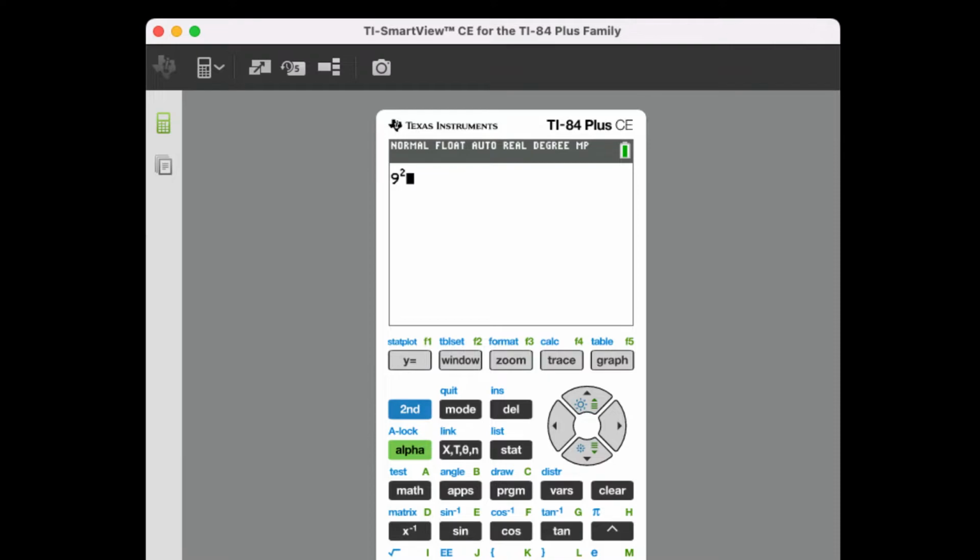We could do it this way. We'll try 9 squared. Let's go back, parentheses, right? Close that, divided by, parentheses here. 2 times 9 times 15. Yeah, so cosine is going to be 1.